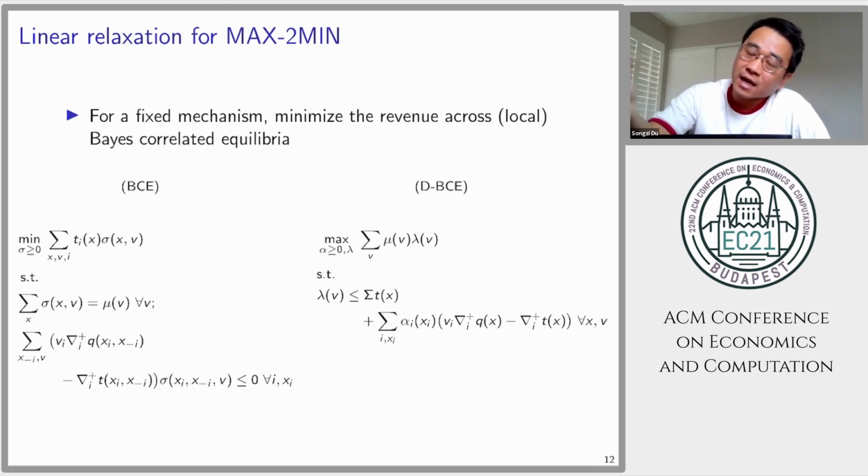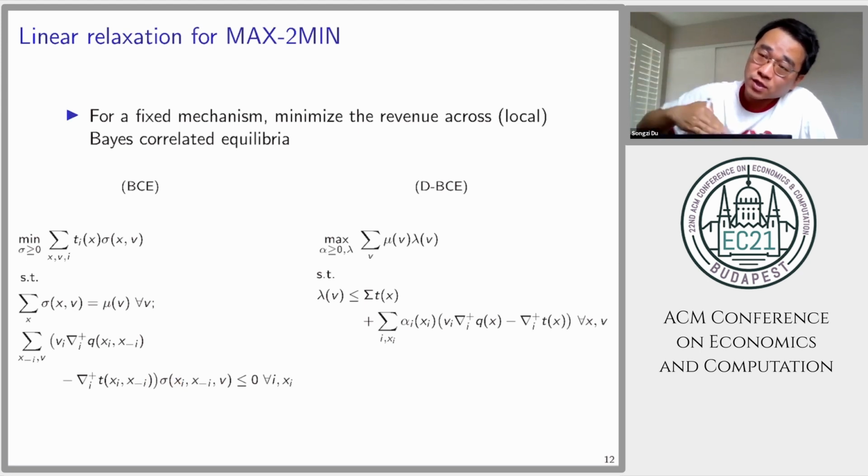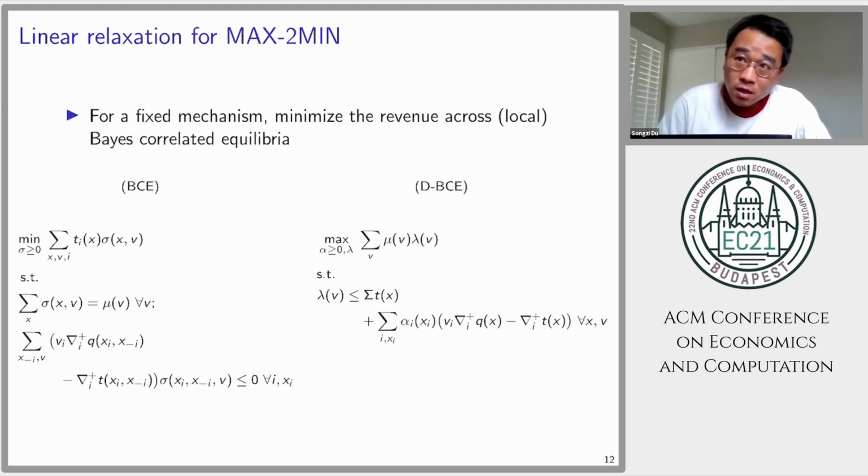So that motivates us to focus on local incentives. That is why we minimize this kind of lower bound on the equilibrium revenue across information, looking at local BCE. This lower bound is going to be even lower than what we would get by minimizing across all BCE, since by adding more constraints we only get a higher minimization value. So this is a valid lower bound on our revenue guarantee.